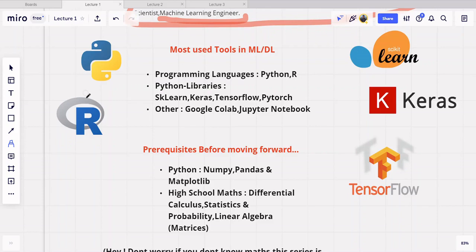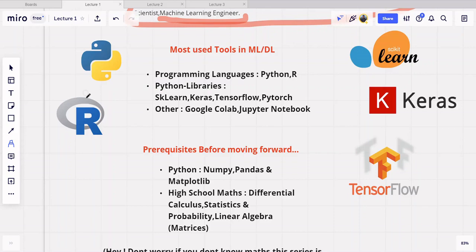But when it comes to deep learning, the neural networks are very complex, and it becomes very hard to train them on your local machine. It's better if you have a GPU. Now, if you don't have a GPU, you can use Google Colab. Google Colab is a free tool on which we can very easily train deep learning applications and models. Okay, so don't worry about that. We will be covering each and everything in this series.